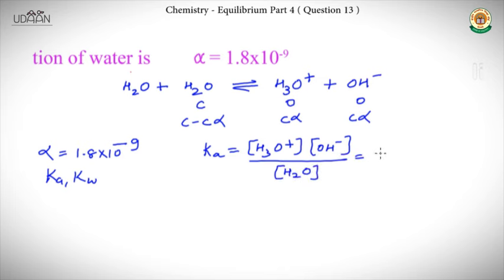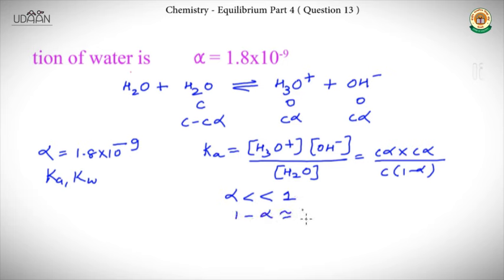I can substitute the values: C alpha into C alpha upon C into 1 minus alpha. Since it's a weak electrolyte, alpha is much less than 1, so I can approximate 1 minus alpha as 1. So Ka is nothing but C alpha square.